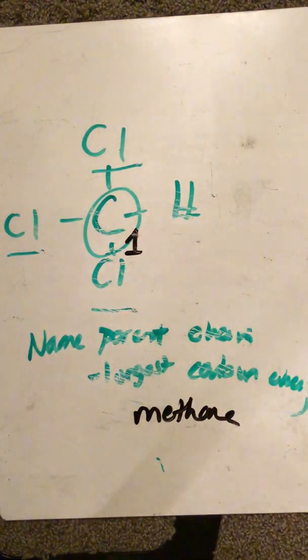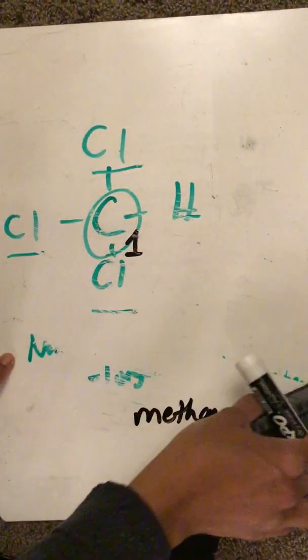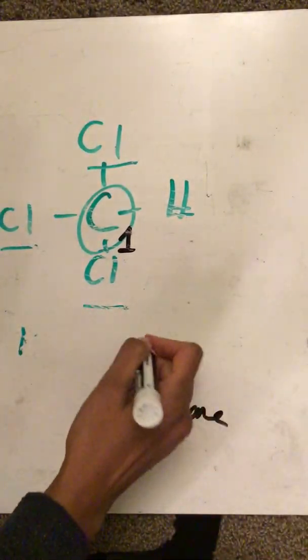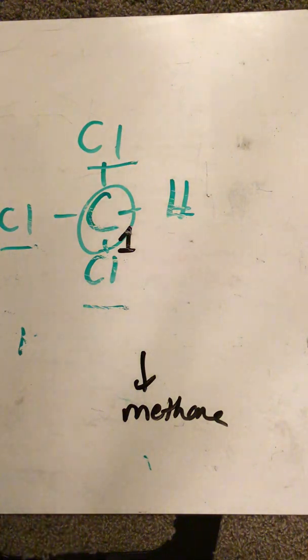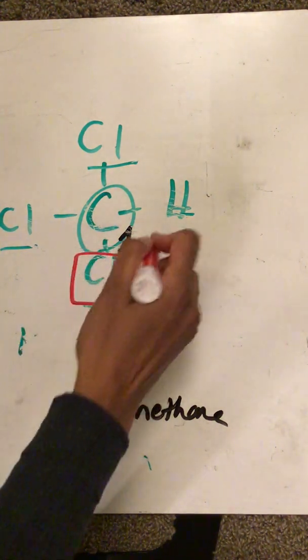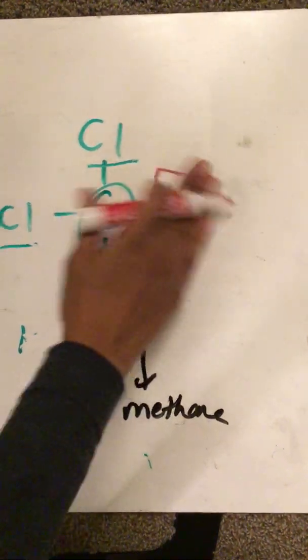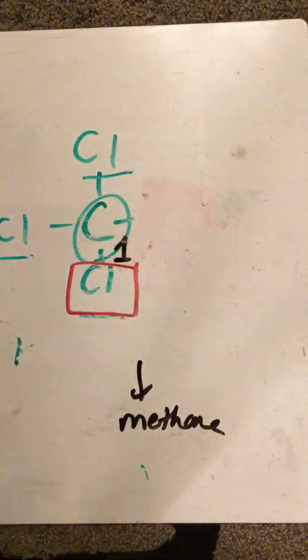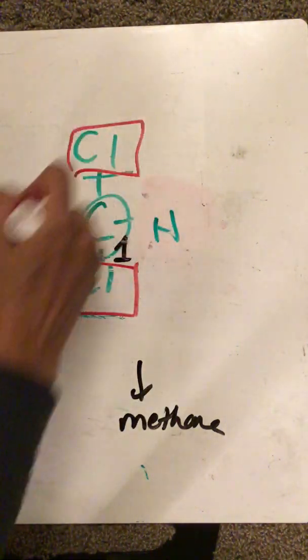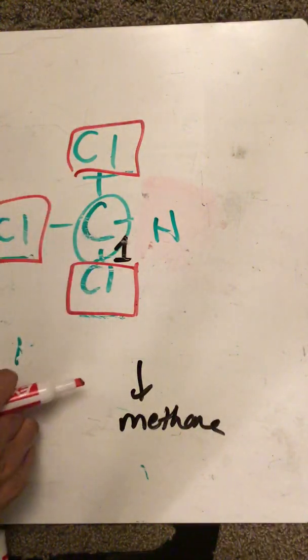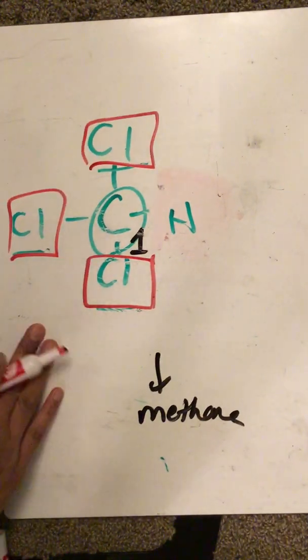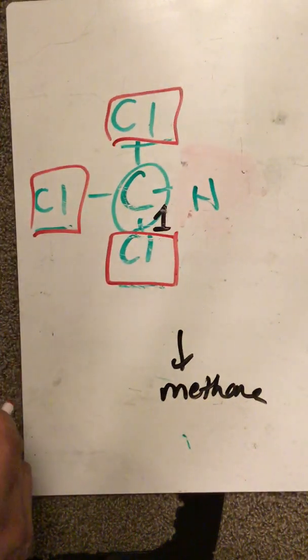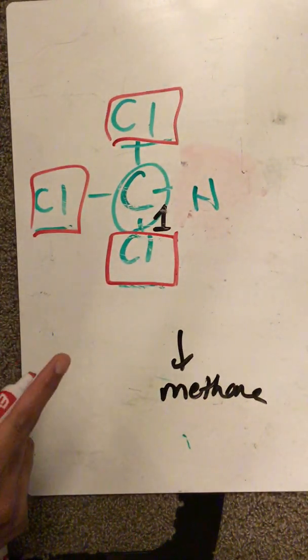So that's step one, name the parent chain. Sorry that it got blurry there. Now I gotta name the branches. What are the branches? Well, actually, hydrogen is never a branch. The branches are the halogens. So these are the branches, and I see 3 of them. How would I name that? You don't use the YL this time.